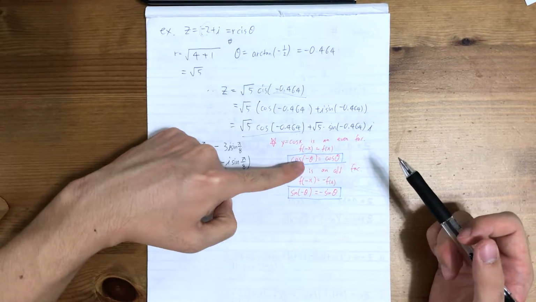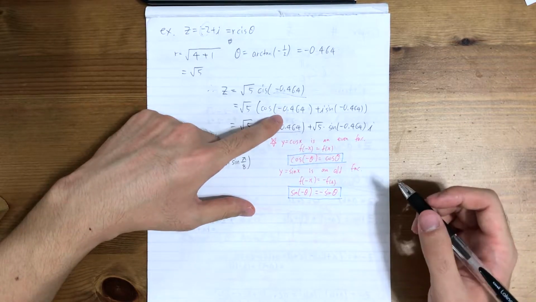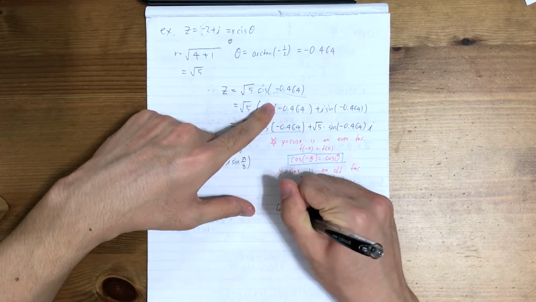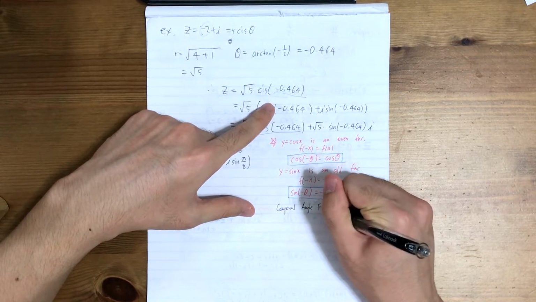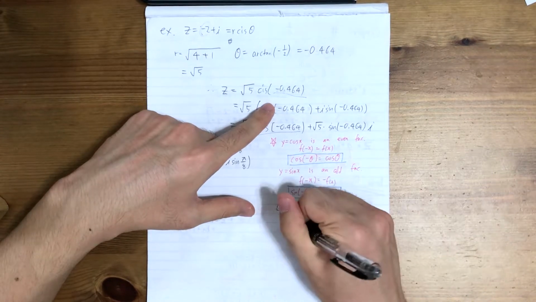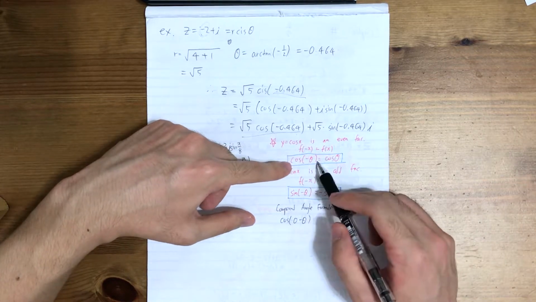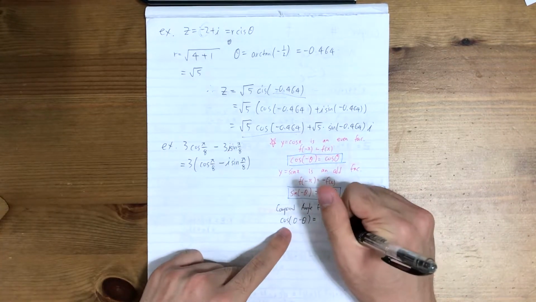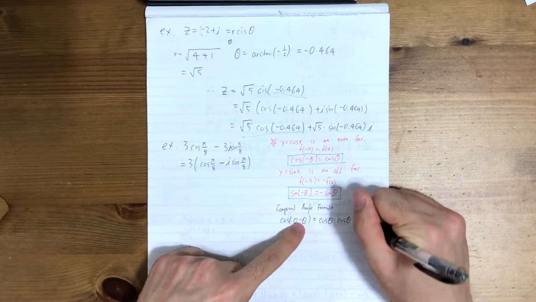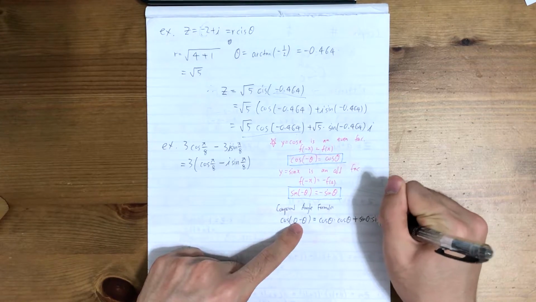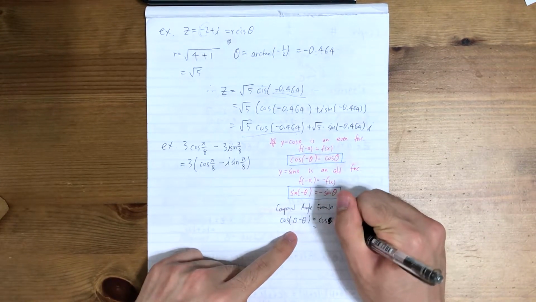You can write this as cosine of 0 minus theta, and then expand it out: cosine 0 times cosine theta plus sine 0 times sine theta. Oh, sorry, not theta, 0, cosine 0.